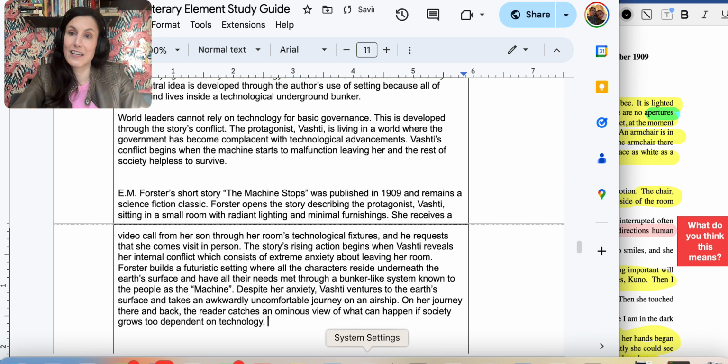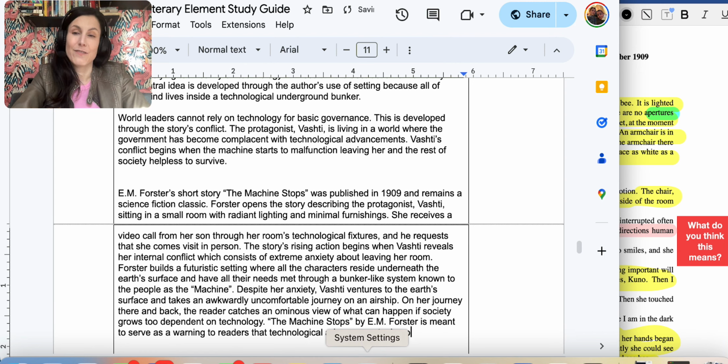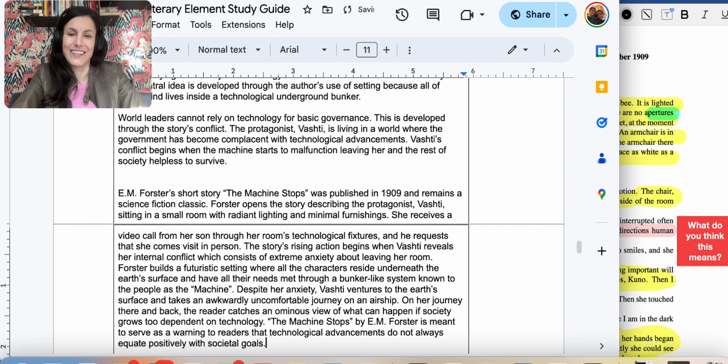And then my thesis can be: The Machine Stops by E.M. Forster is meant to serve as a warning to readers that technological advancements do not always equate positively with society's goals.